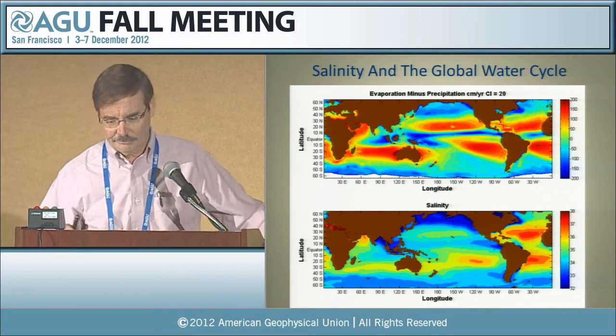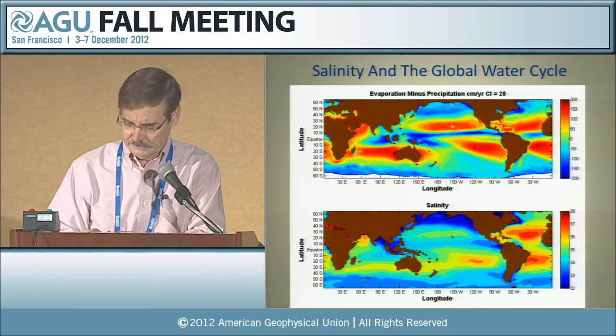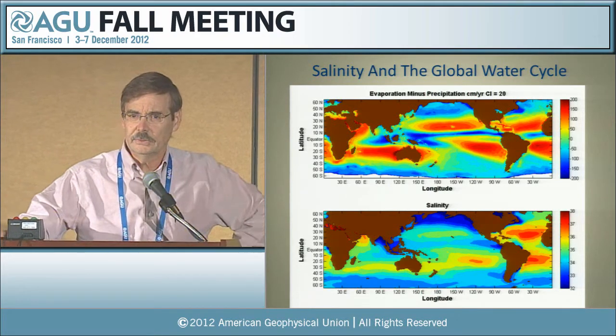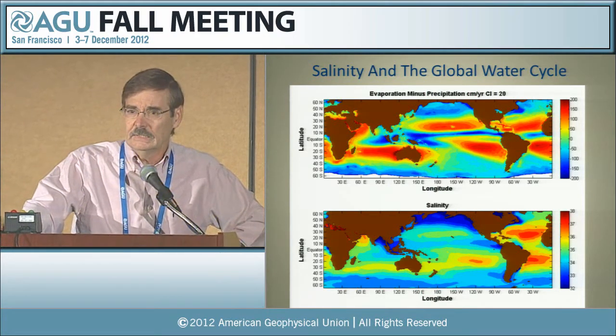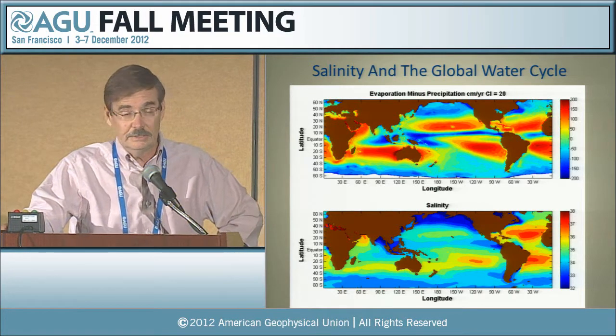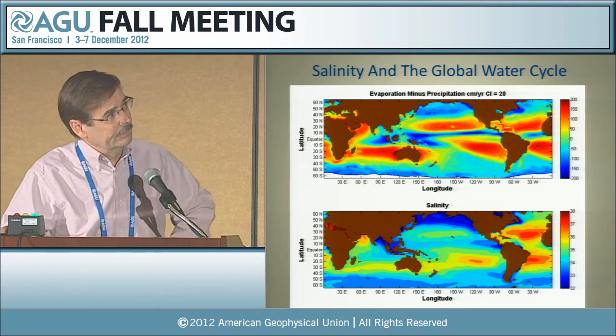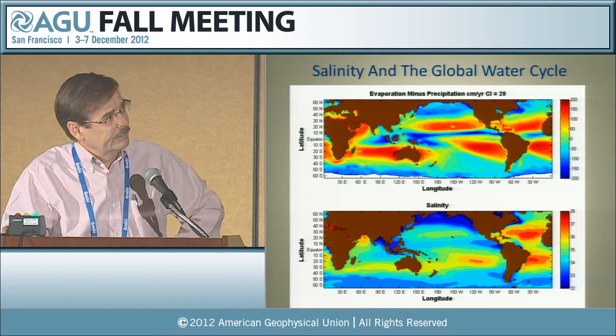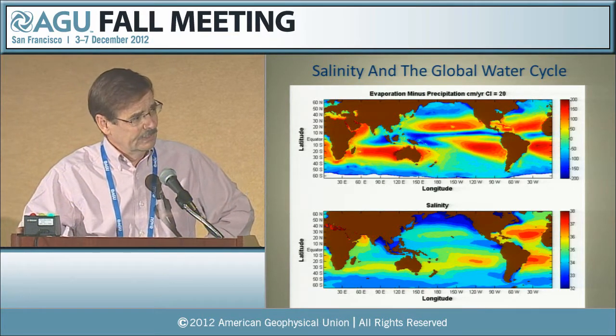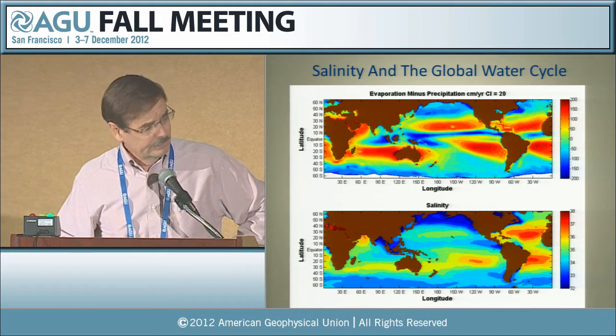Now our motivation, of course, is the global water cycle. Most of the global water cycle is over the ocean, and we believe that salinity is probably the best indicator of change in the global water cycle. The map of evaporation minus precipitation is on the top and global surface salinity on the bottom.